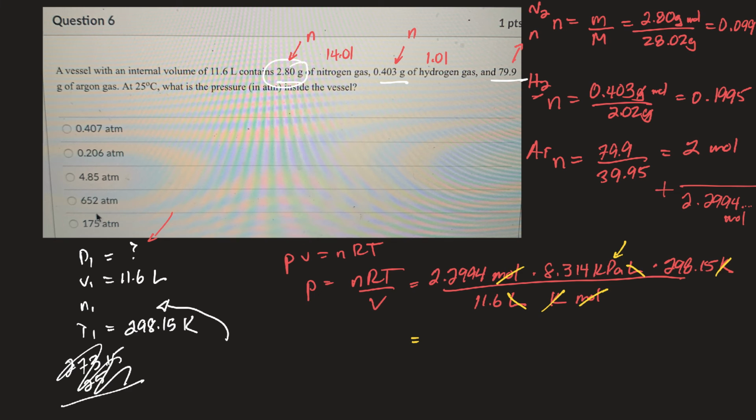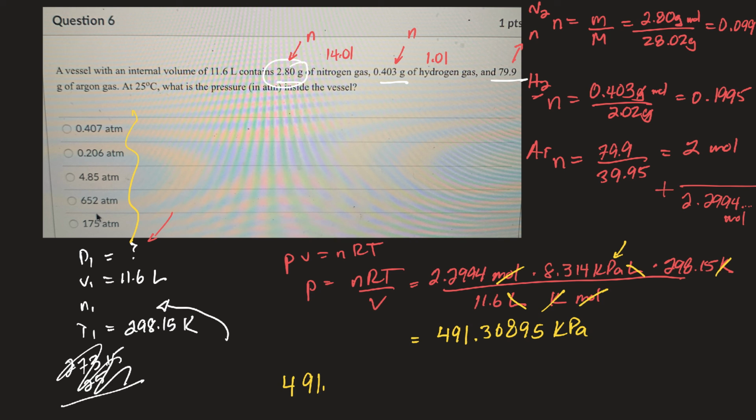Okay, I'm back. So on my calculator, that gives me 491.36895 kilopascals. Do they have that answer? Oh, great. They want atmospheres. Okay, we can do that. Let's write that down.